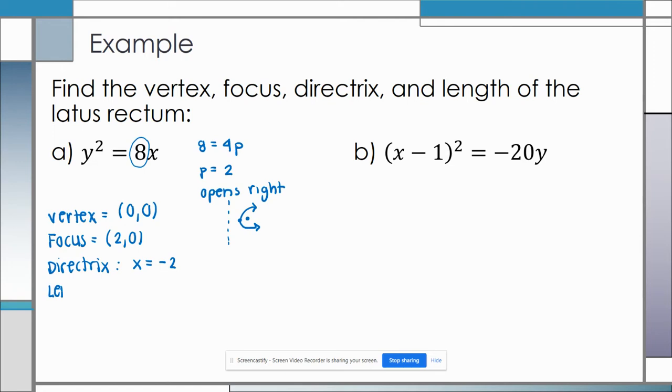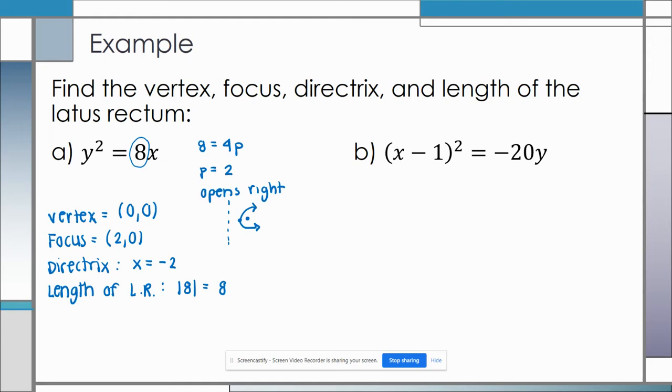Last thing we want is the length of the latus rectum. I just abbreviate that as LR. Remember, that is always going to be the absolute value of the number that's in front of the non-squared term. Notice that it was 8 that was in front of the non-squared term. Well, the absolute value of 8 stays 8. So 8 is the length of the latus rectum.